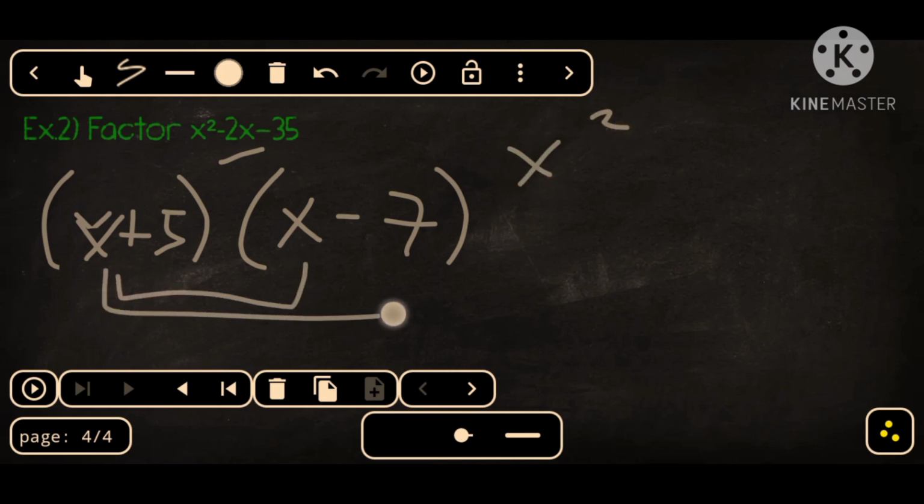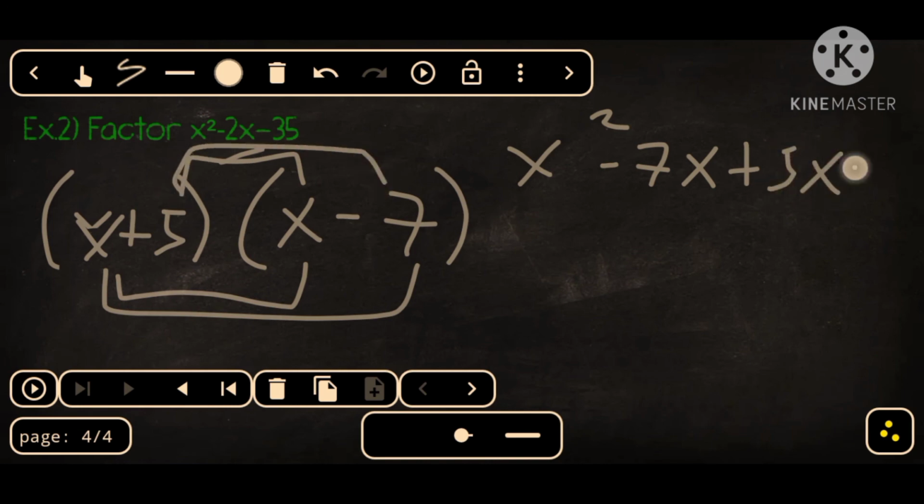Then x times negative 7 is negative 7x. Then 5 times x is positive 5x. And 5 times negative 7 is negative 35. Okay, so simplify, we have x squared, negative 7x plus 5x.